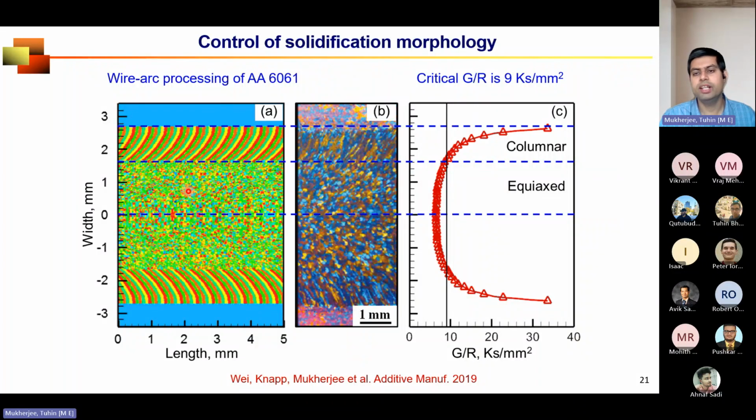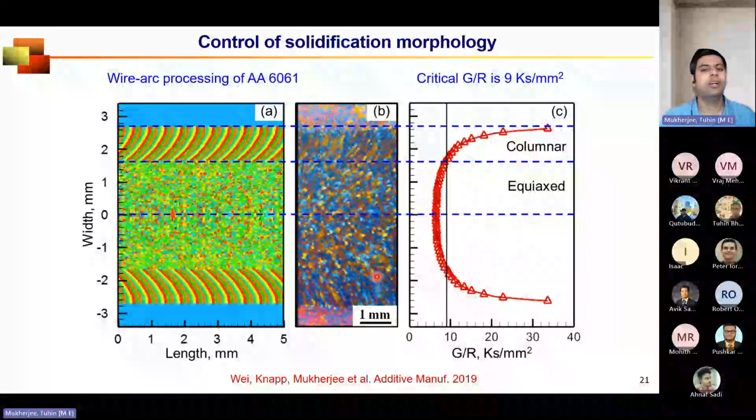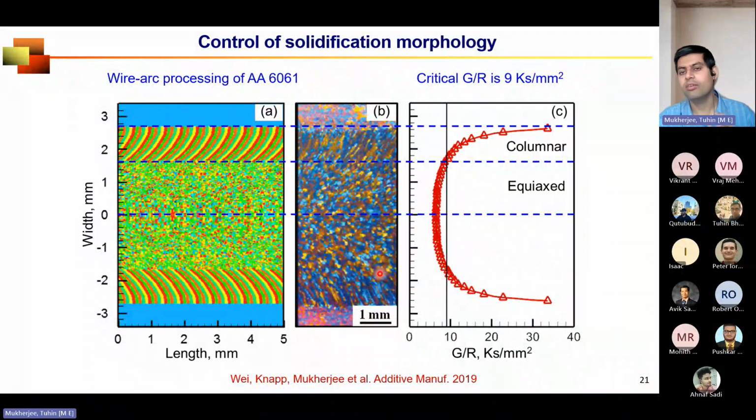And when we eventually did the grain growth simulation, we also saw similar behavior. So even if you do not want to do a complex grain growth simulation like the left hand side picture, just by doing temperature gradient and solidification growth rate calculation, you should be able to get a very detailed understanding of the solidification morphology, and that's where scientific understanding is important.